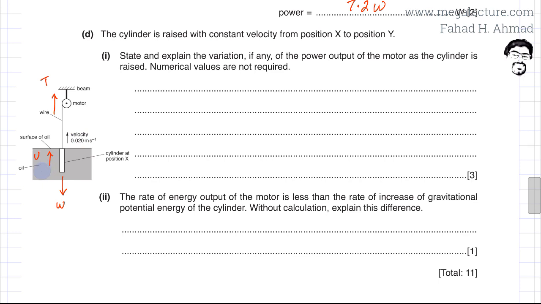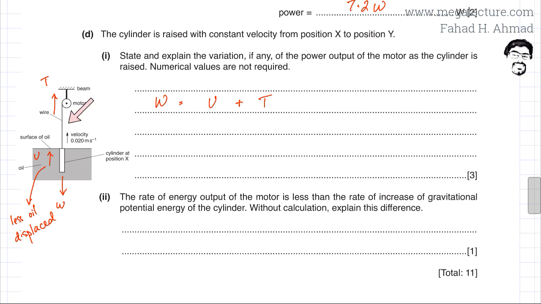So as the cylinder moves out of the oil, less oil would be displaced. And if less oil is displaced, that would mean that the upthrust is going to decrease. It's going to be lesser. So since the weight is equal to the upthrust plus the tension T in the wire, the motor is pulling it upwards.